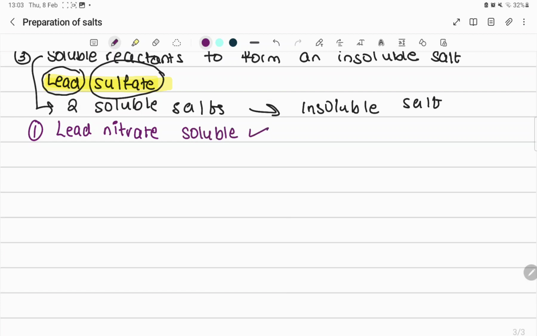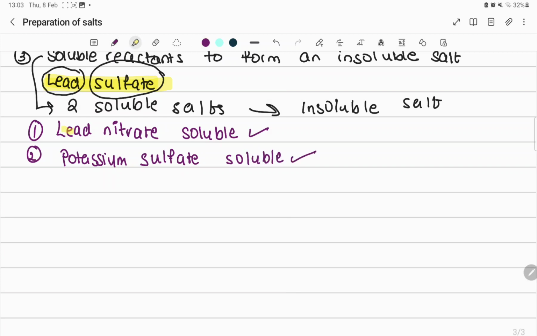That's your first salt. Sulfate, potassium sulfate, soluble easily because all sodium salts, all potassium salts are soluble. Potassium sulfate, yes. And this is also soluble.